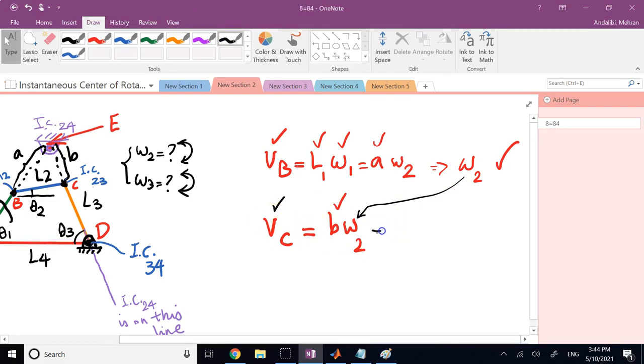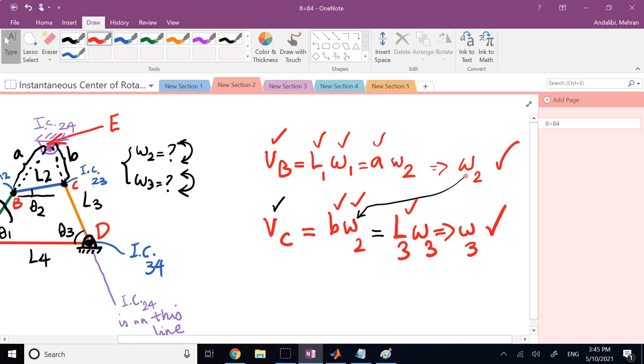C also belongs to member CD, so if I multiply L3 by omega 3, I can also find the velocity of C. And guess what? I know L3, and omega 2 is given, so from here I can find omega 3. Okay, so purely with scalars, without doing any cross product, I am able to find omega 2 and omega 3 without any problem.